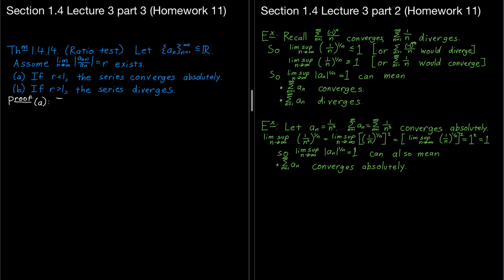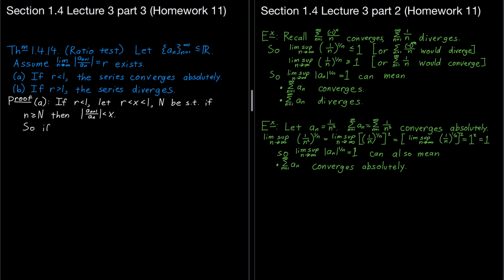If r is less than 1, we're going to do exactly the thing we did before. We're going to pick a number x that is between r and 1, and N is such that if little n is bigger than big N, then |a_(n+1)| over |a_n| is less than x.